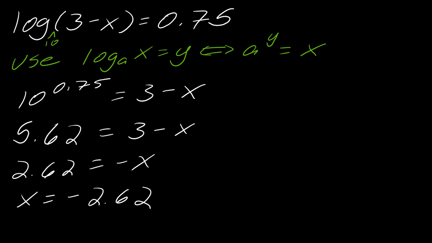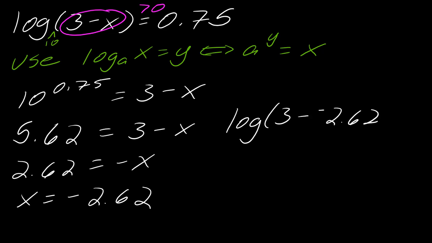And then I get x equals negative 2.62. Now, there is one thing that you want to be careful of. Whatever answer you get, anything in the logarithm always needs to be greater than 0, okay? So in just a quick check, if I were to plug this back in, I have 3 minus 2.62.